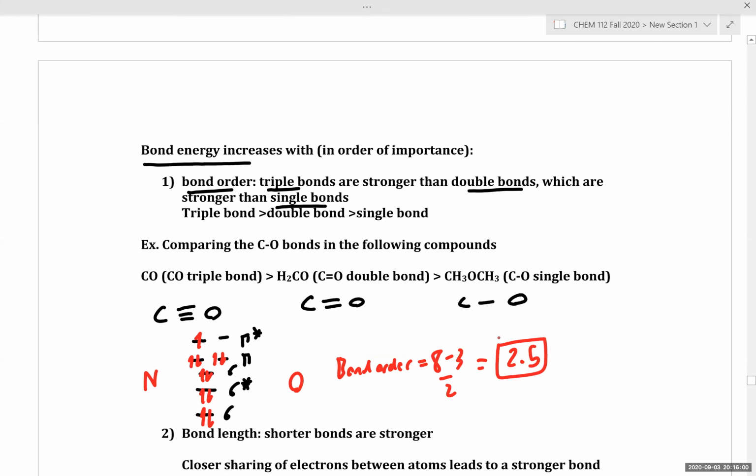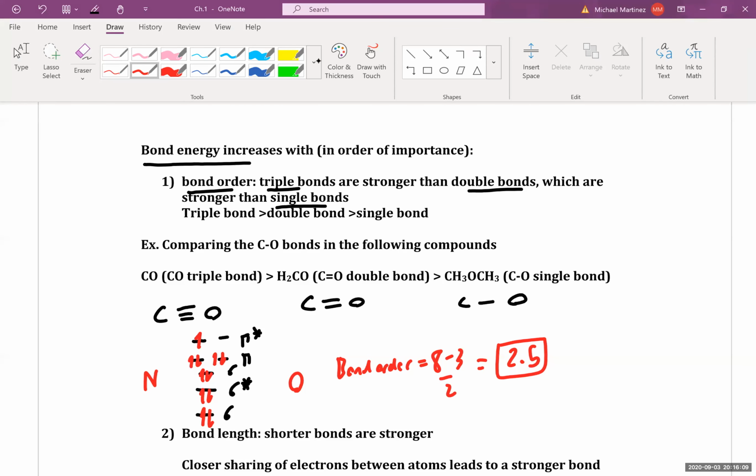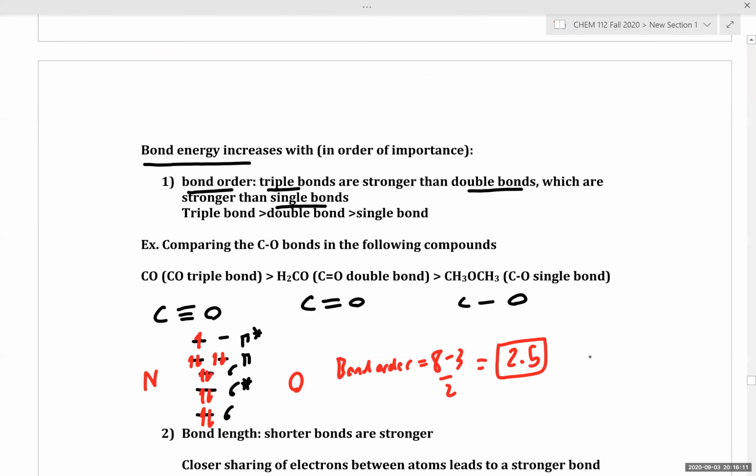Now, to make sure we understand this idea, if we compare this 2.5 bond to, for example, a nitrogen-oxygen double bond, which has a bond order of 2, which bond is stronger? The bond in nitrogen monoxide with a bond order of 2.5, or the bond in, for example, NO2 or a nitro group with a bond order of 2?